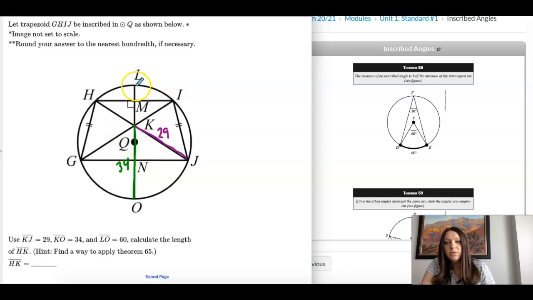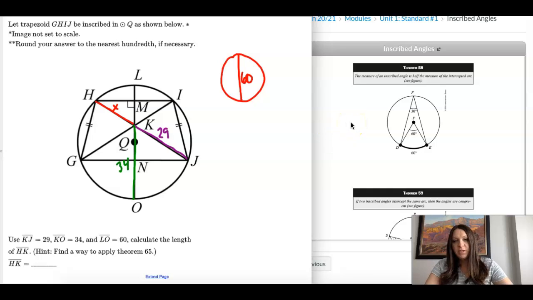L to O, so our whole diameter is 60. I'm just going to throw that out here. So all the way across is 60. And we're trying to find X. Hint: find a way to apply Theorem 65.